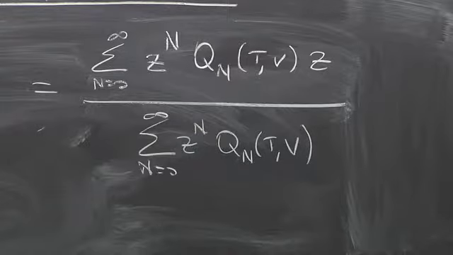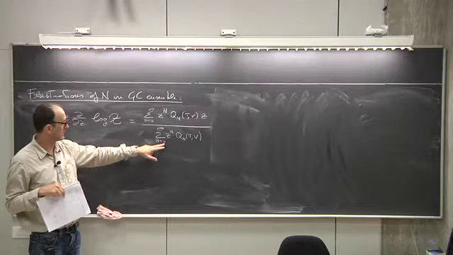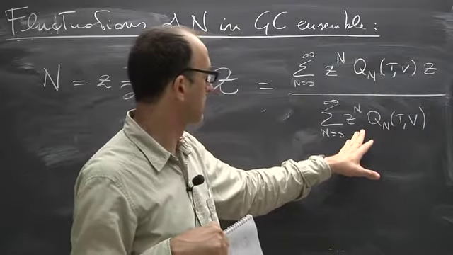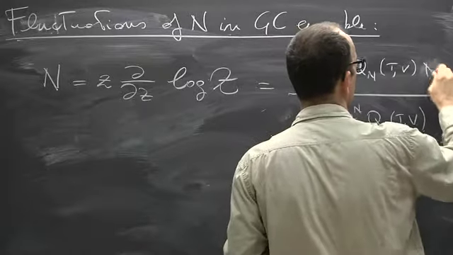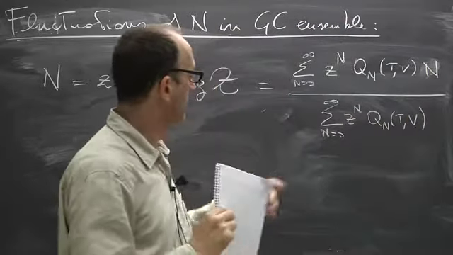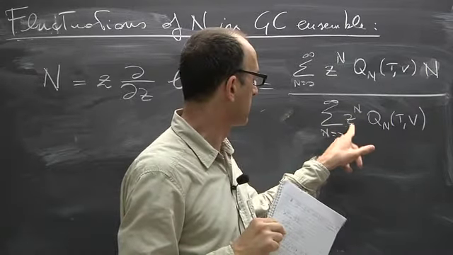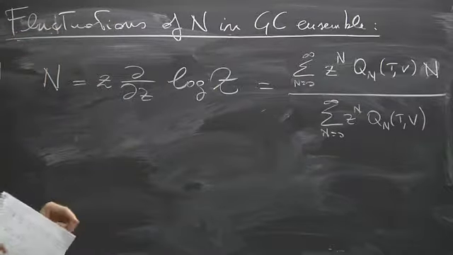Okay, so when you take the derivative of log Z, you get 1 over Z, which is this, and then the derivative of this with respect to z gives you n times z to the n minus 1, and if you multiply by z, you get n z to the n.